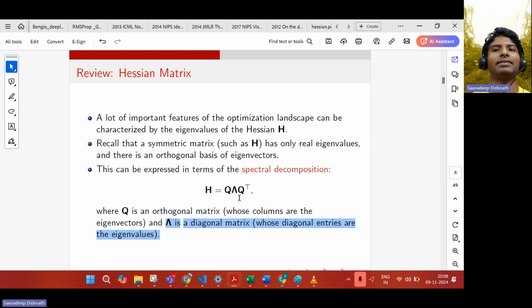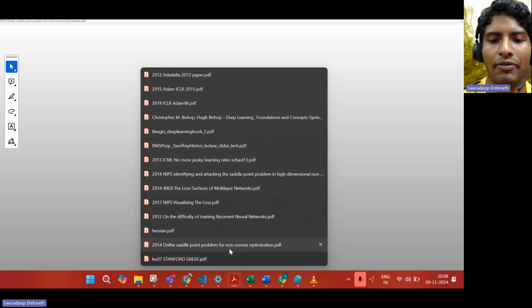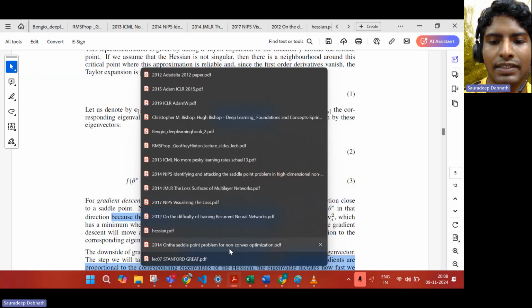The inverse of a diagonal matrix just inverts its diagonal elements, like 2 becomes 1 by 2, 3 becomes 1 by 3. Since in our Newton method we are using H inverse, we are actually scaling our step size with the inverse of eigenvalues.